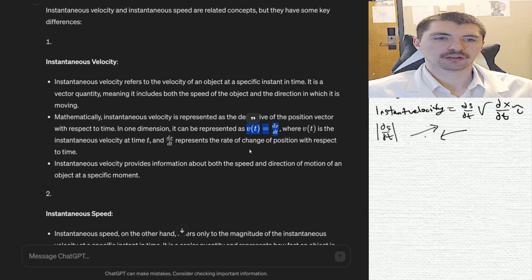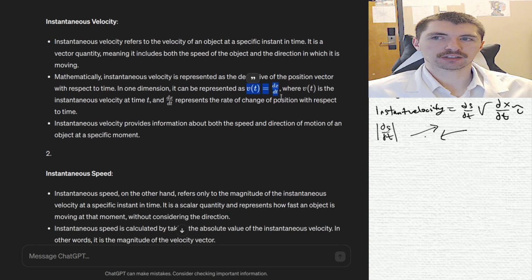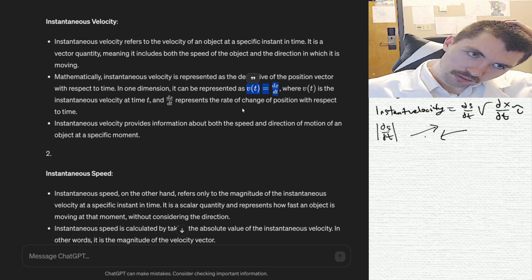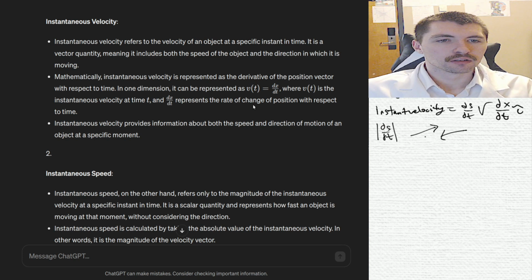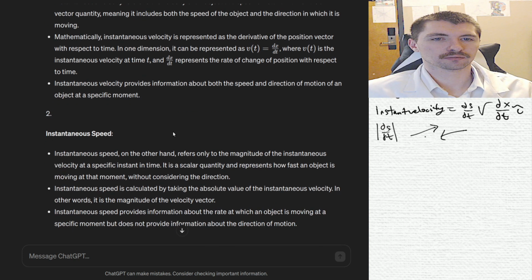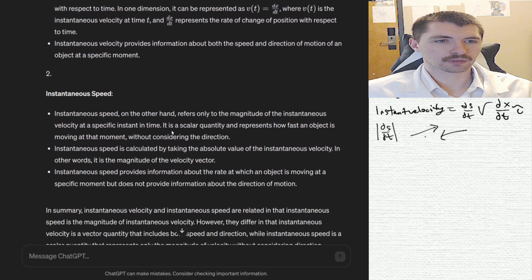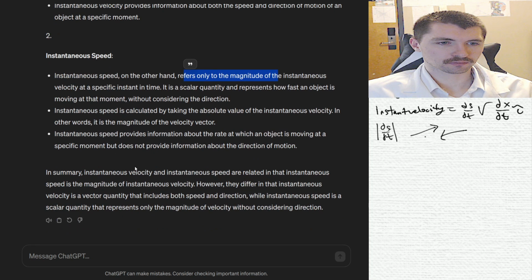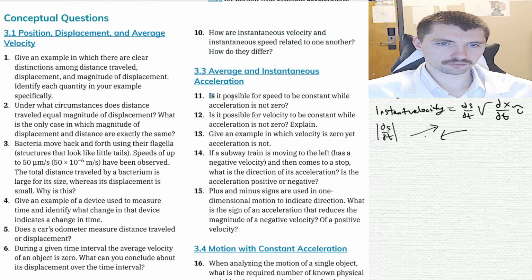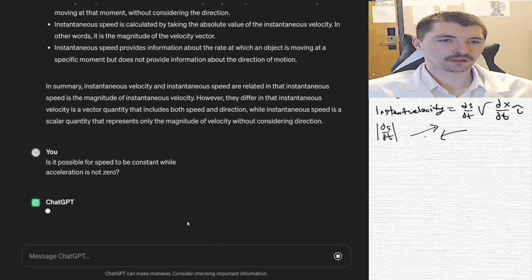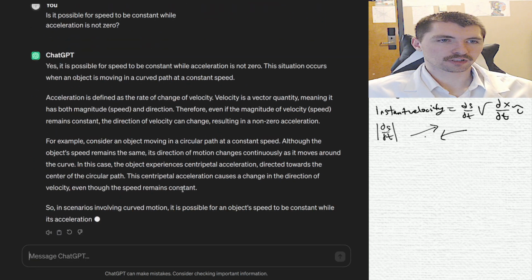Okay, so instantaneous velocity is dx dt. So speed refers only to the magnitude.